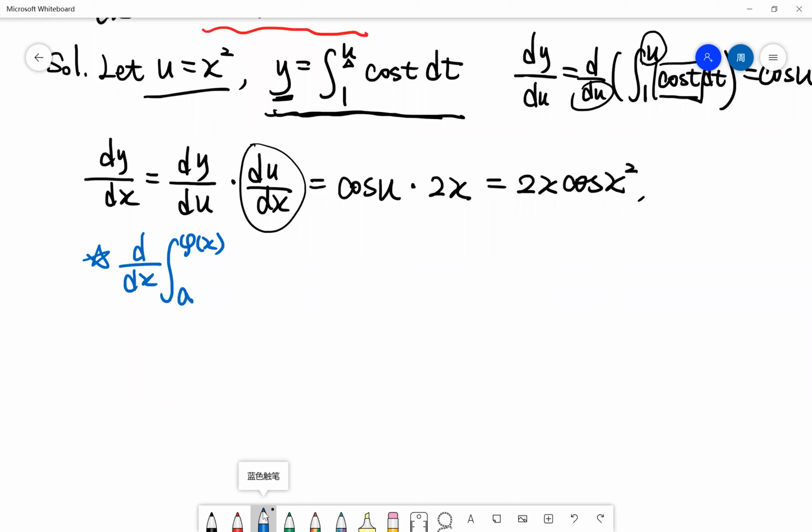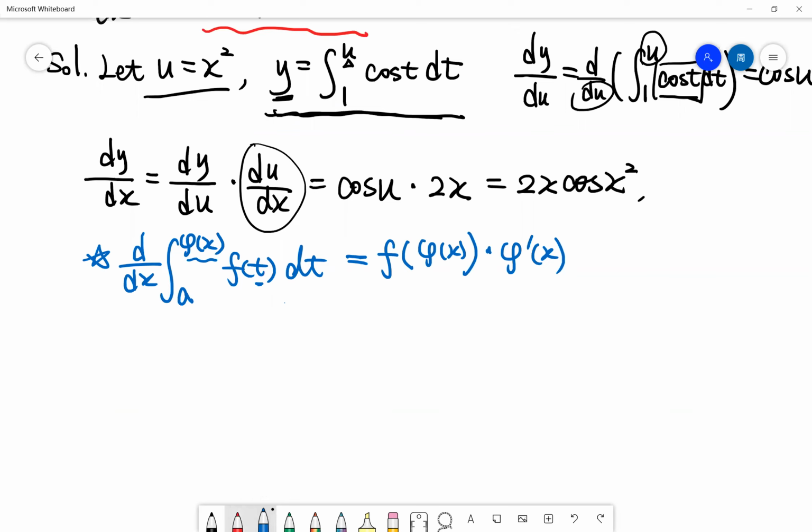Here that is f(t) dt, and that equals, first we change t to phi(x), so that is f of phi(x), and then times phi'(x). So this is the second formula for this special function. So here I will give you another example.